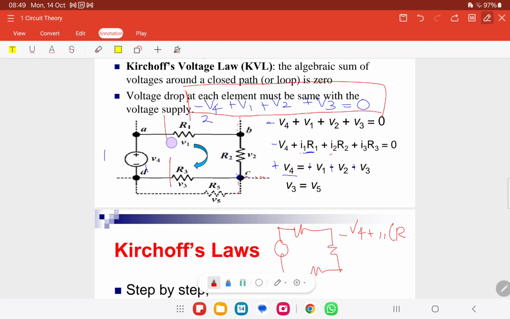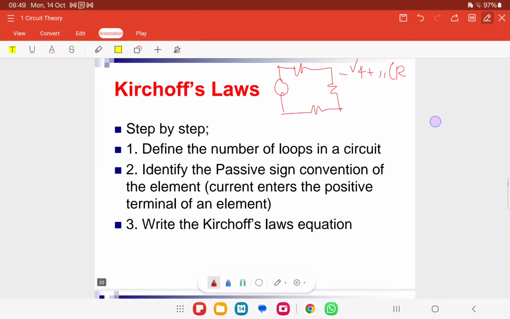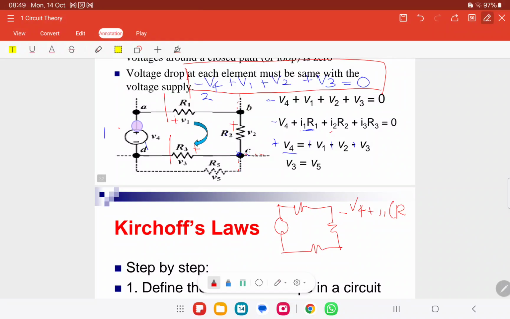Minus V4 plus V1 plus V2 plus V3 equals to 0. Okay. Voltage source value dia is equals to voltage ni tambah voltage ni tambah voltage ni.